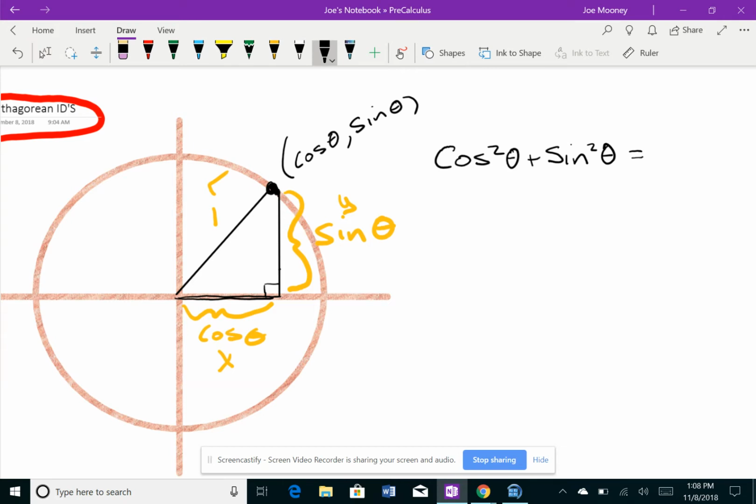Hypotenuse squared, 1 times 1 is 1. So right now we have the basic Pythagorean identity, and I didn't say it was hard.